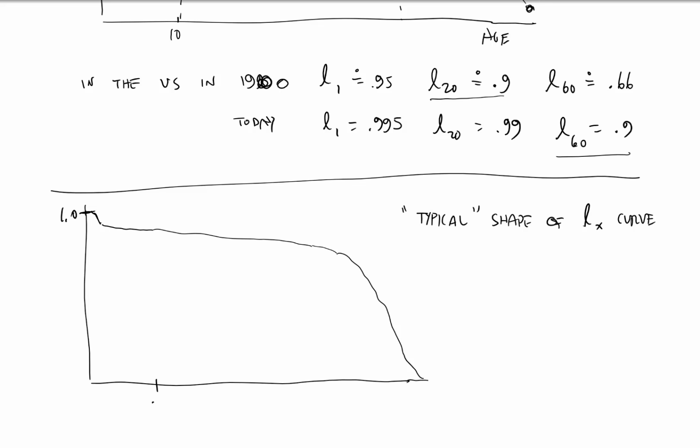Now here's age x, and here's age x plus n. So this is L of x, and here this is L of x plus n. It's always monotonic. It drops quickly on the left side, there's a long period which is plateauing, relatively flat, and then at old age, there's a sharp decline.